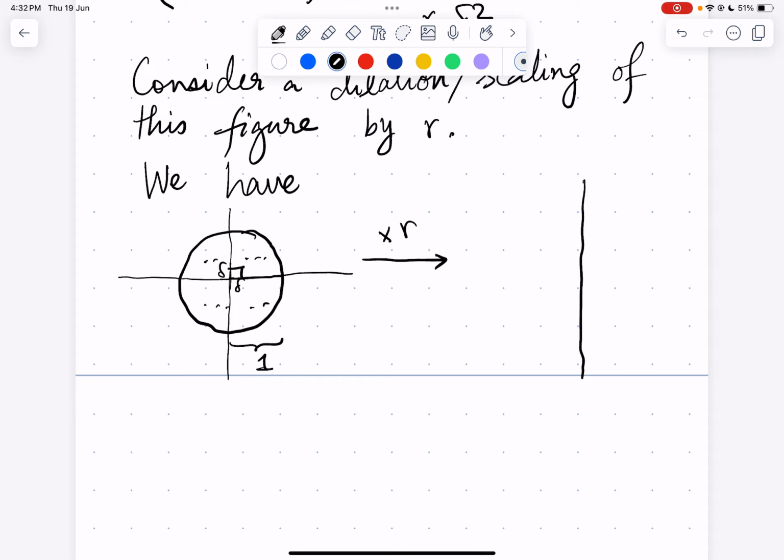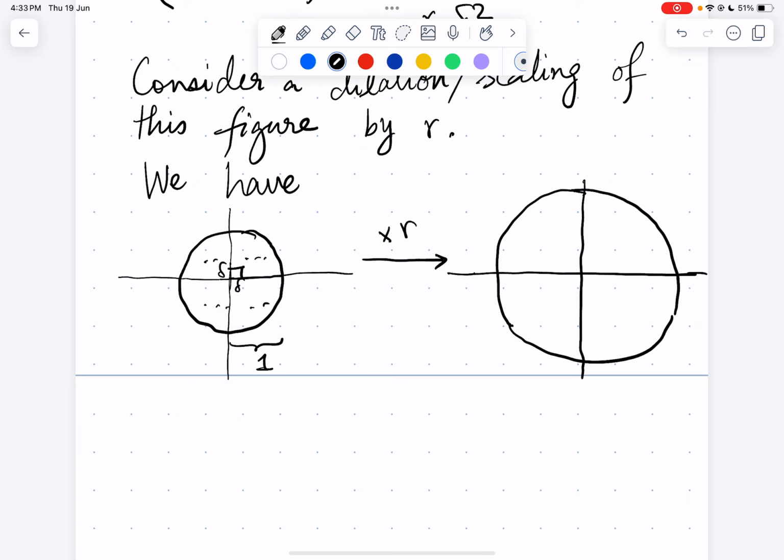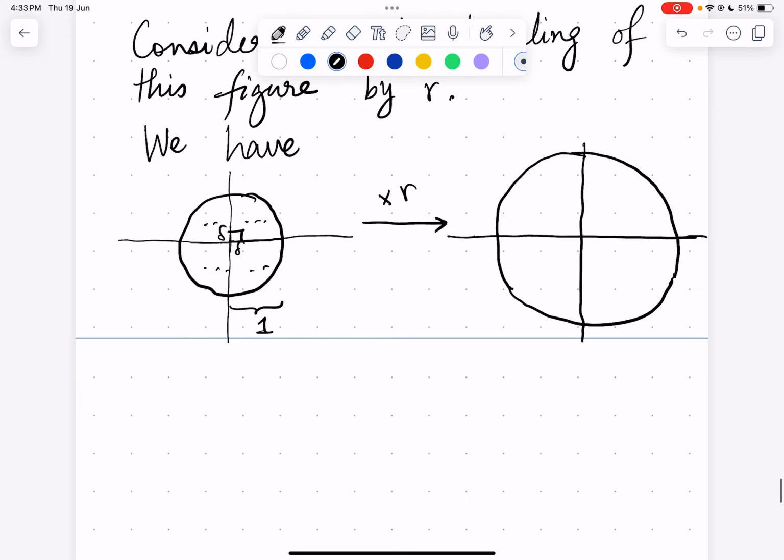That means we are just multiplying all the lengths by R. Then you get a disk of radius R, and each of the approximating boxes will have side length R delta.